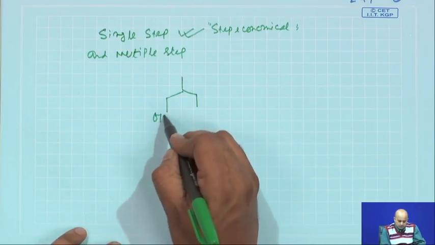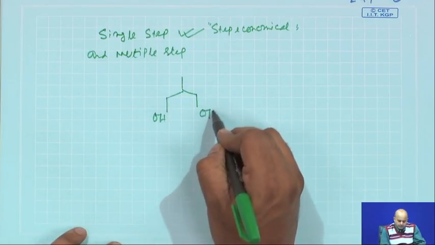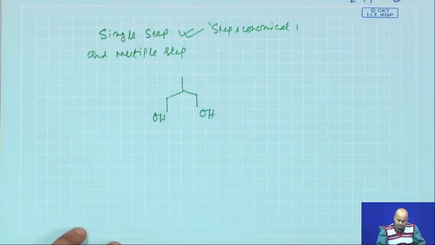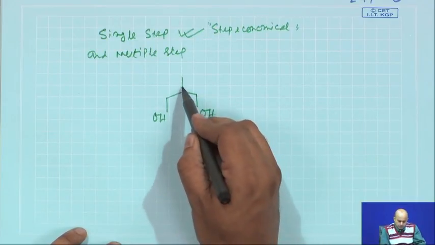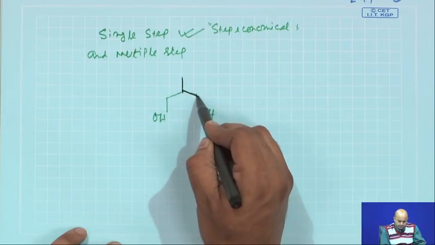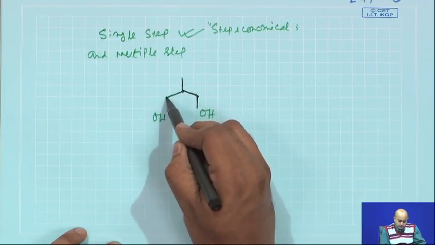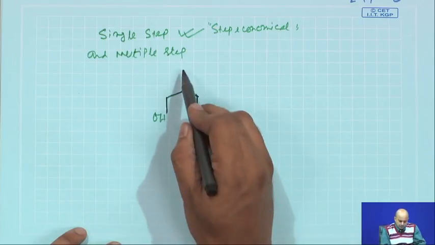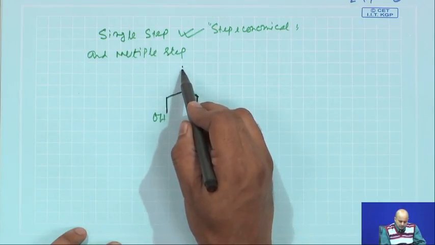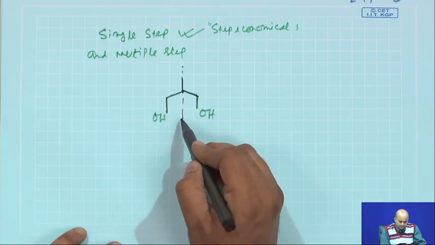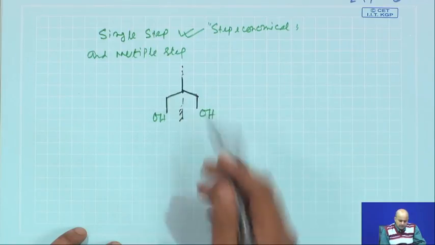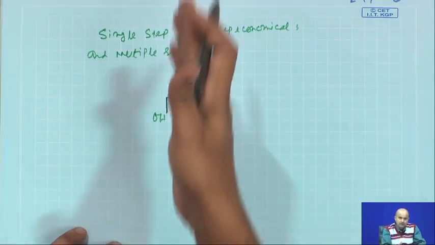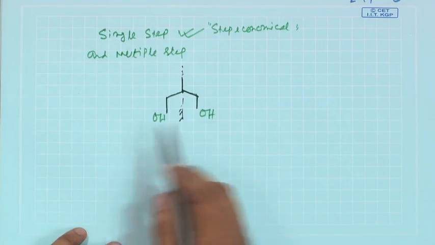Now, I just try to give you information on what chiral desymmetrization is. Take a molecule something like this. This molecule is basically 2-methyl 1,3-propanediol. This molecule has a nice mirror plane of symmetry. You can basically put a mirror in between which cuts the molecule into equal halves.